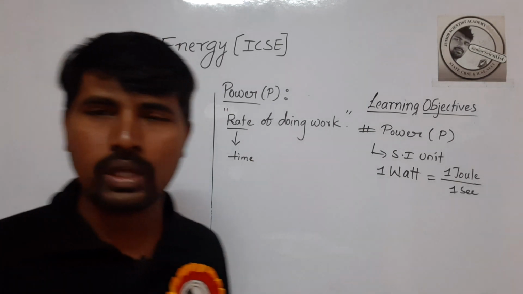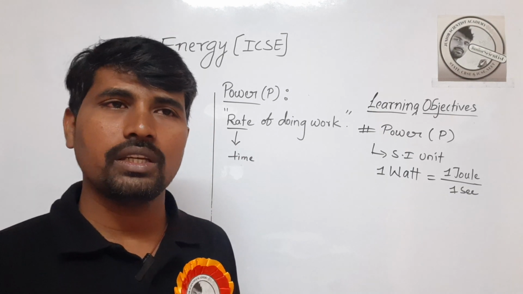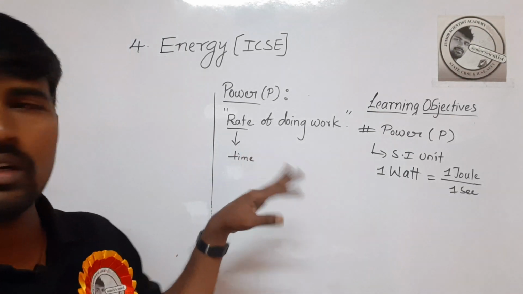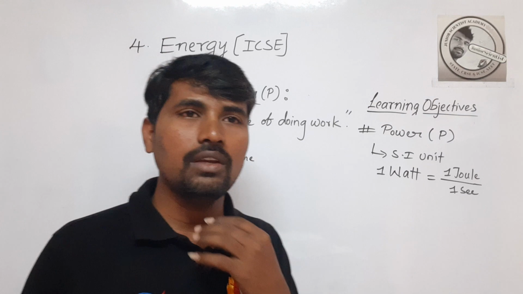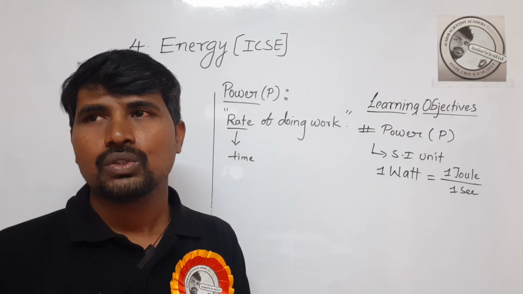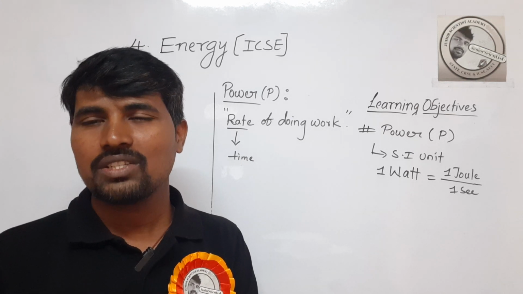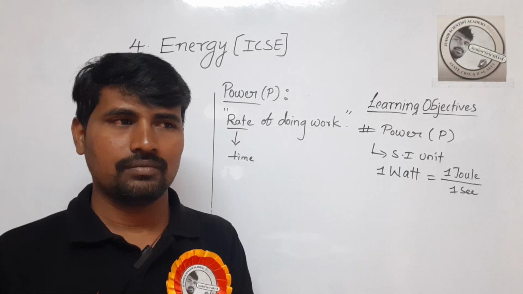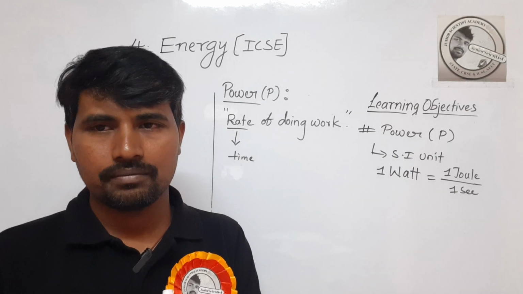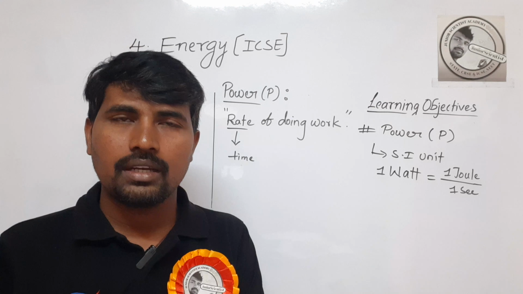For example, 2 tanks are there and 2 motors are there, of the same capacity. Motor A filled its tank in 5 minutes, motor B filled the same tank in 10 minutes. So which motor has more power? Motor A, fast. Why? Because it takes less time.